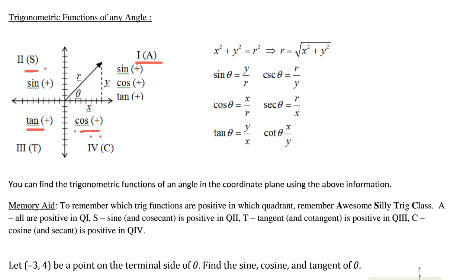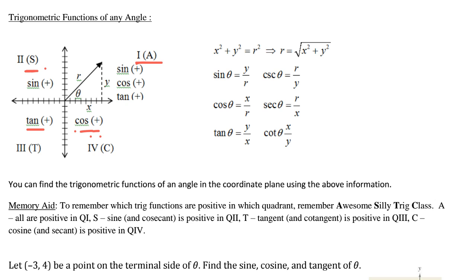So they came up with a little memory aid to remember which trig functions are positive in which quadrant. They say A for awesome, S for silly, T for trig, C for class. And I've kind of put a little twist on that over the years because I had a couple of students that were pretty funny and gave me some good stuff.